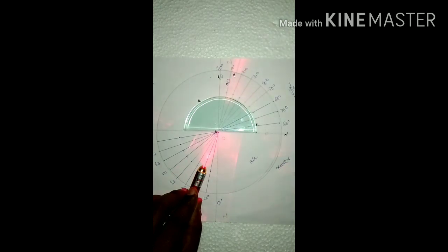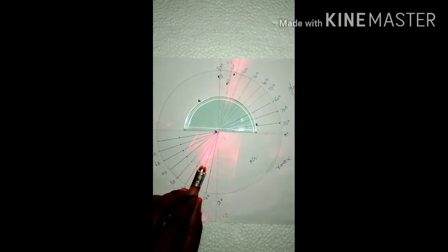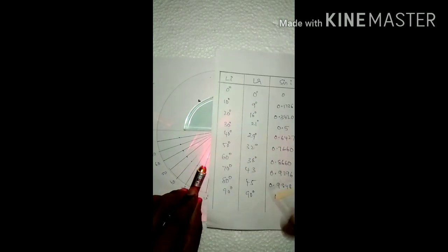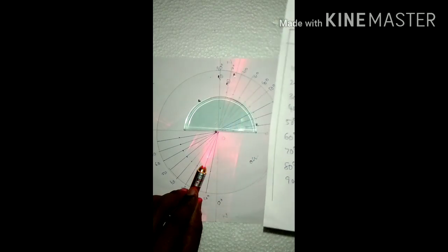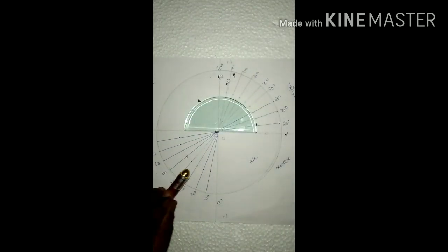If you observe, the light ray is passed. It may be from here to here 10 degrees and here it may be a maximum of 16 degrees or 17 degrees. So angle of incidence is 20 degrees and angle of refraction is 16 degrees.